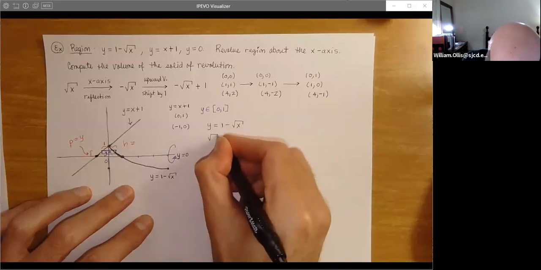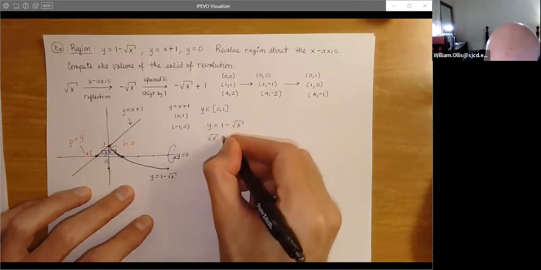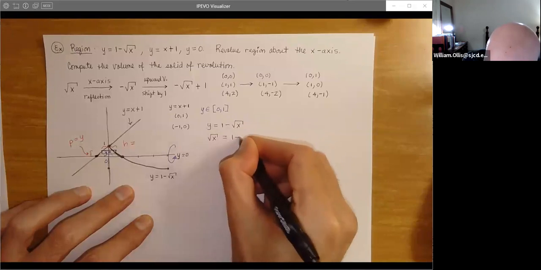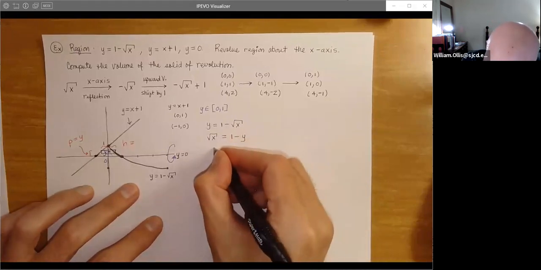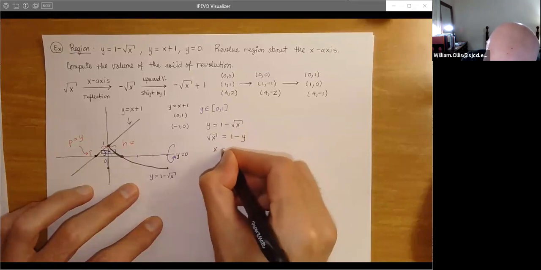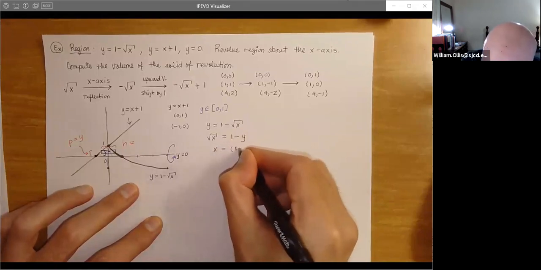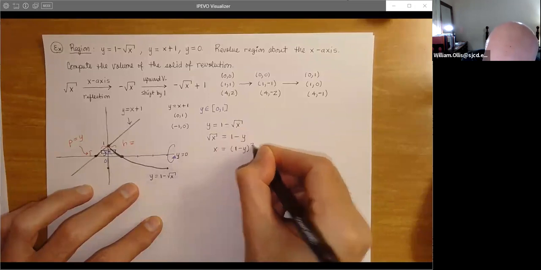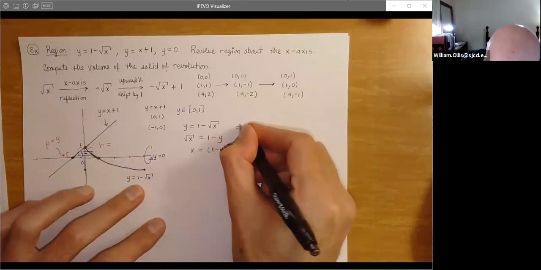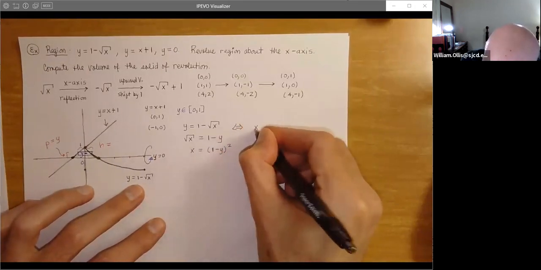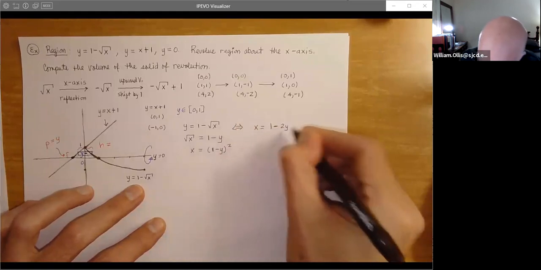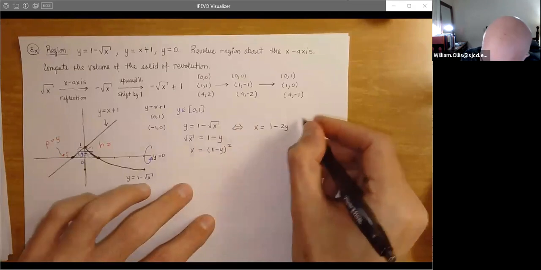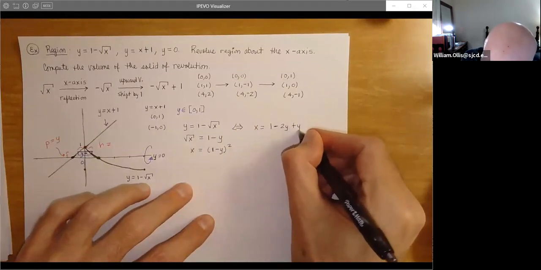So this gives us square root of x equals 1 minus y. So we need a quadratic. So we'll square everything out. So that'll be x equals (1 minus y) squared, if and only if x equals 1 minus 2y plus y squared.